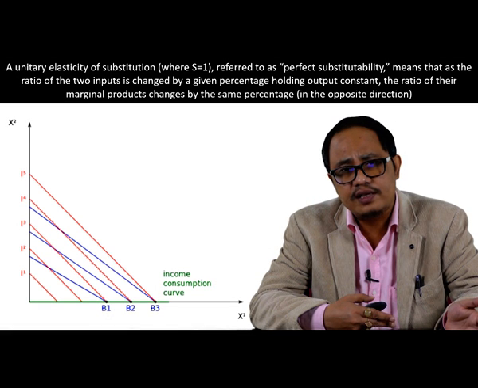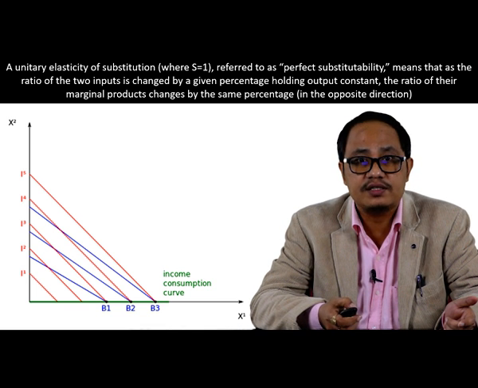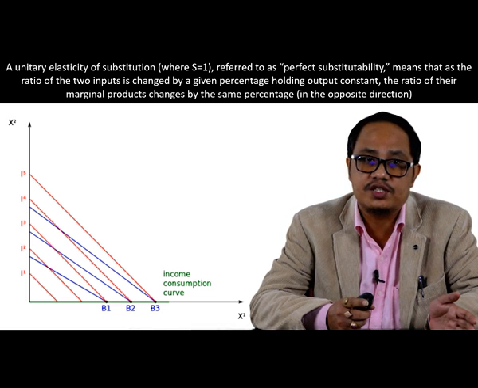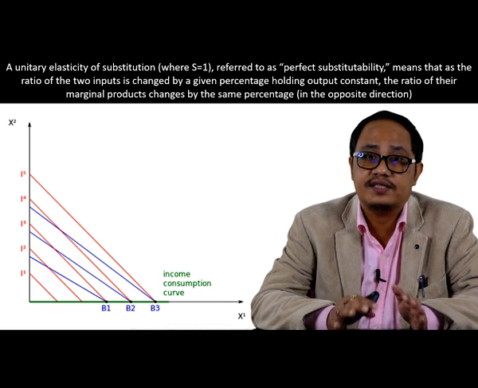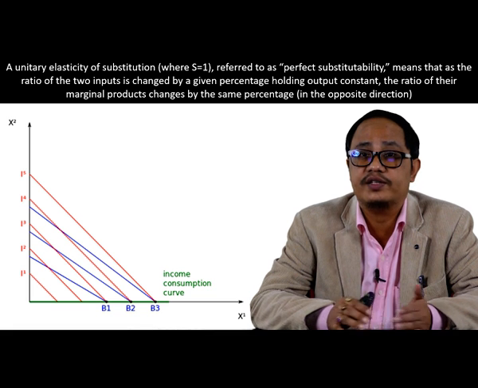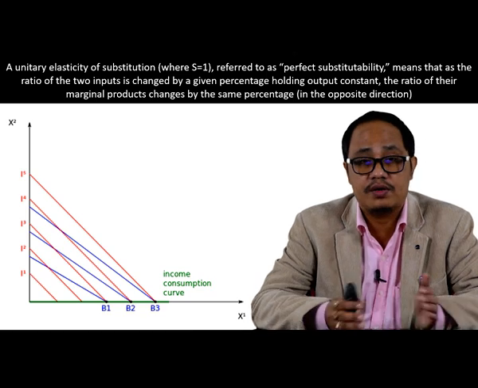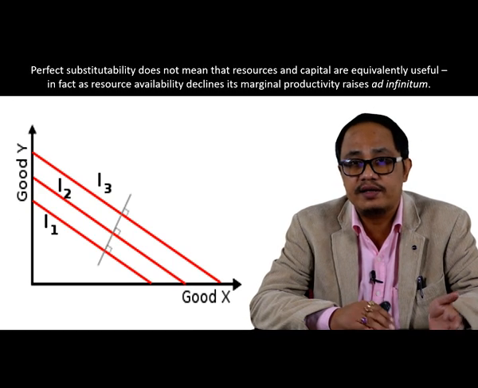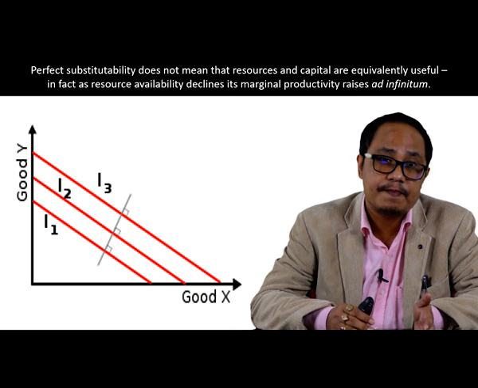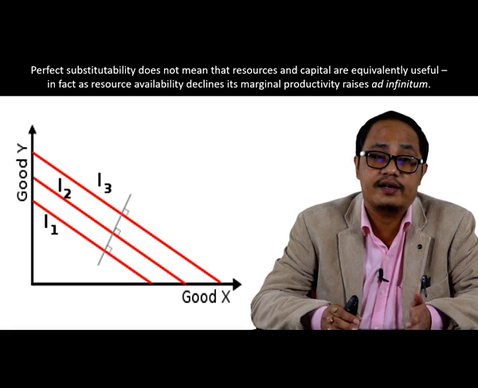A unitary elasticity of substitution, where S is equal to 1, referred to as perfect substitutability, means that as the ratio of the two inputs is changed by a given percentage, holding output constant, the ratio of their marginal products changes by the same percentage, in the opposite direction. So perfect substitutability does not mean that resource and capital are equivalently useful. In fact, as the resource availability declines, its marginal productivity rises ad infinitum.